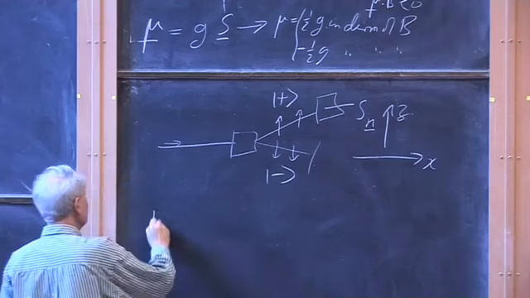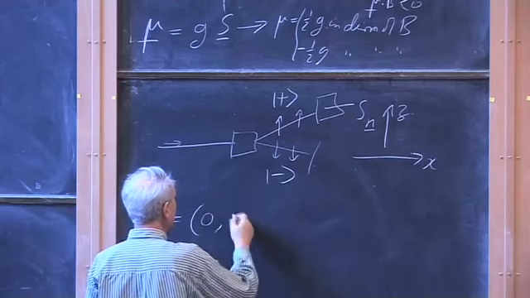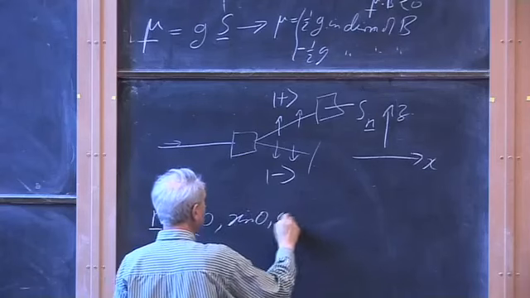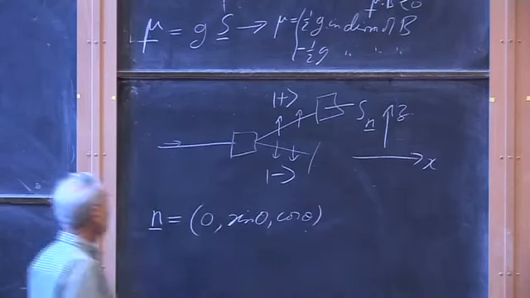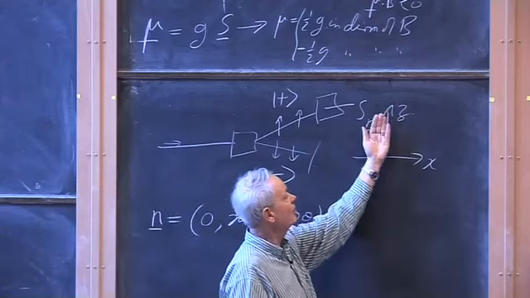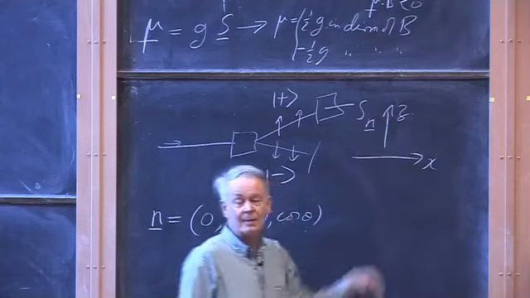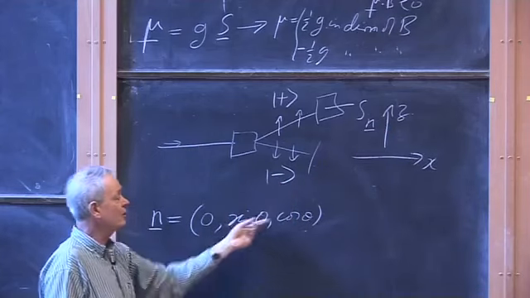And we're going to take n equal to (0, sine theta, cos theta). So n is a vector which, if theta is nothing, is just in the z direction, and if theta is pi by 2, it's in the y direction, and it can be allowed to scan between these directions as we vary theta.